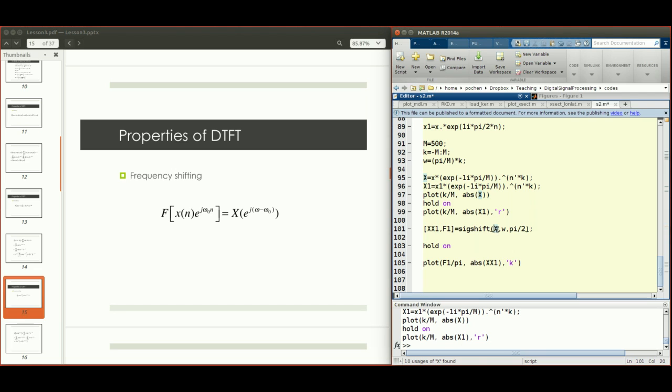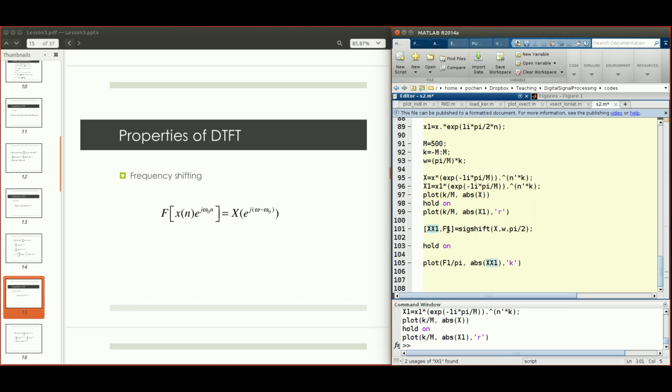So the input is X, the horizontal axis is W. That's our frequency, right? And then the amount of the shift is pi over 2, right? That's the frequency that we used for modulation here. So we shift the horizontal axis, shift the Fourier transform by pi over 2. And then the output goes into xx1 and f1. F1 is the horizontal axis of xx1, right?